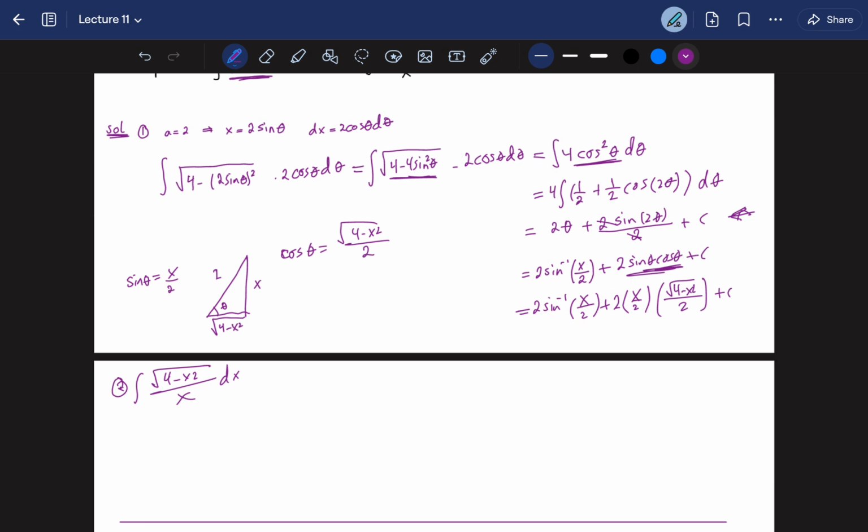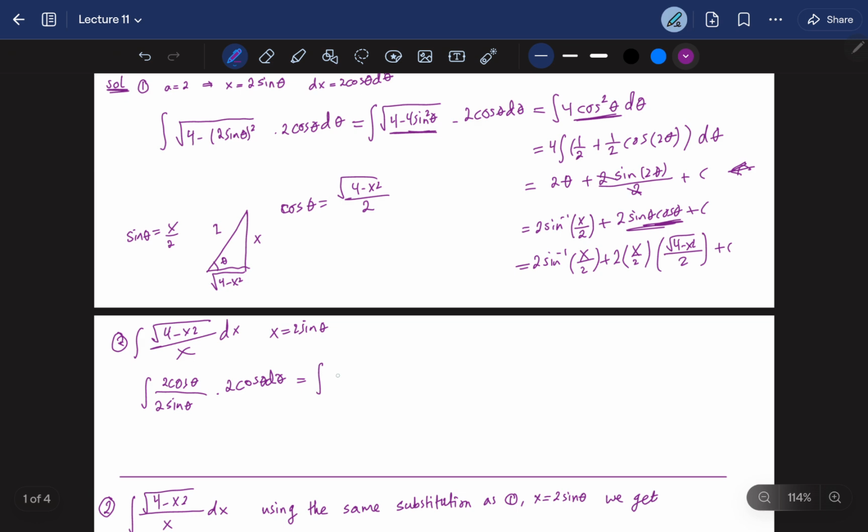So we're going to use the same substitution: x is 2 sine theta. And now, if you plug it back in, we know that this square root gives me 2 cosine over 2 sine times 2 cosine of theta d theta.